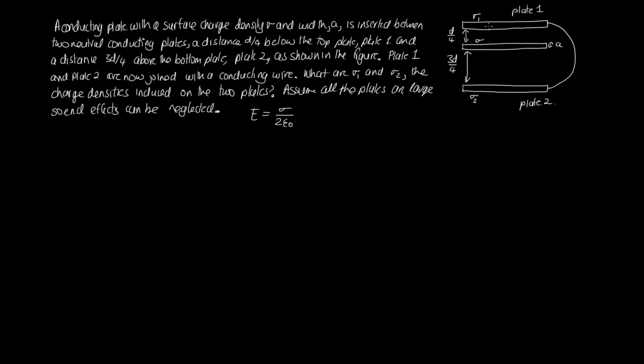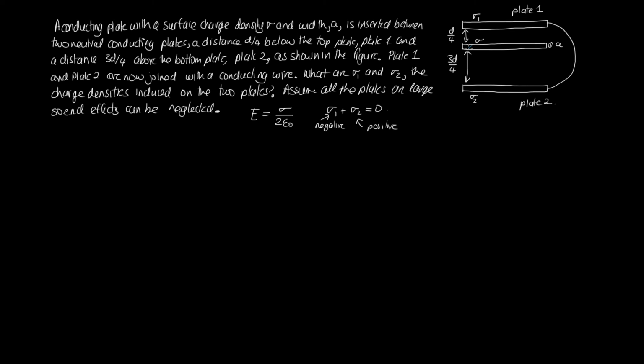Then because it's closer to the top plate than the bottom plate, the top plate is going to end up with an induced negative charge, while the bottom plate will end up with an induced positive charge. So we know that these two have to have opposite charges because this system was initially neutral. So in fact, we can write sigma 1 plus sigma 2 is equal to 0. And this one's going to be negative. And this one here is going to be positive.